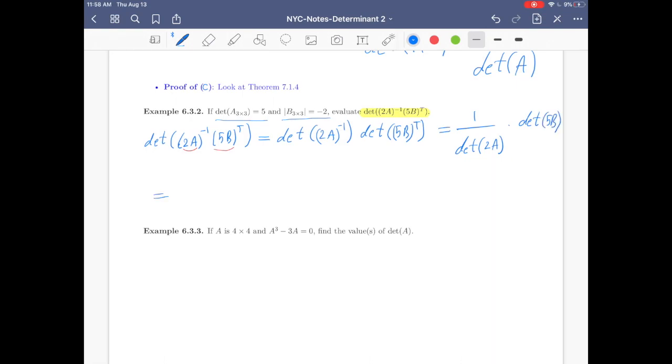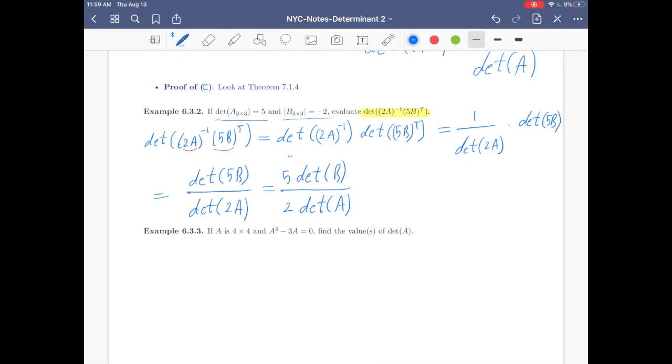Then this equals the determinant of 5B over the determinant of 2A. Now we want to pull out 5, so we pull out 5, and also we pull out 2. However, is this correct? The answer is no.